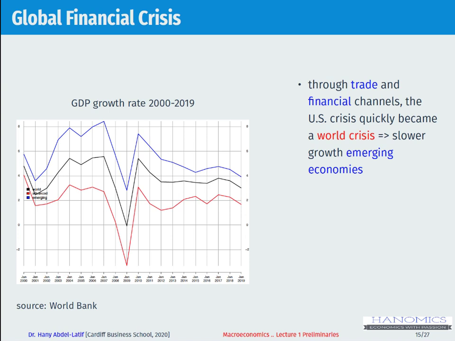So it's very obvious by the end of 2008 how all countries in the world suffered from the global crisis. So what we're looking at here is the GDP growth rate. And again, remember macro means large, so we look at the big picture.